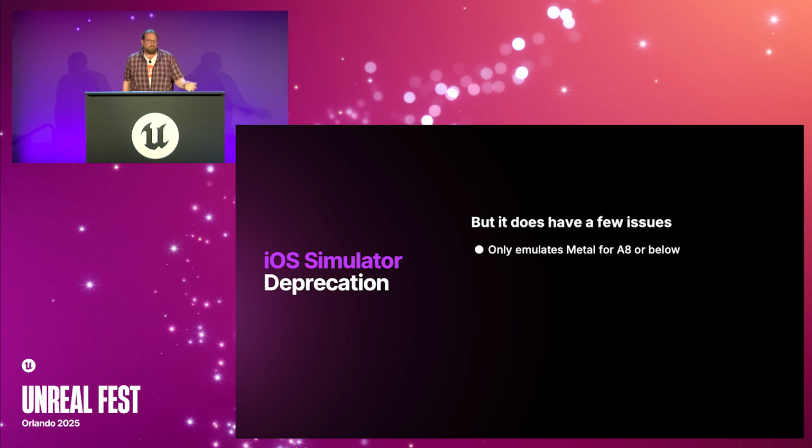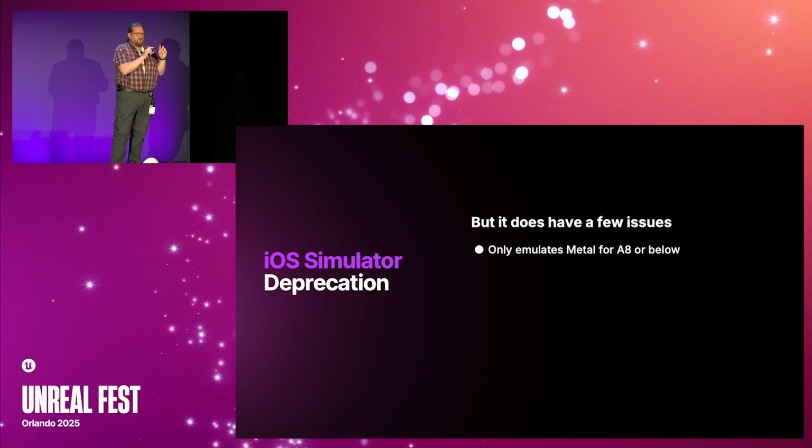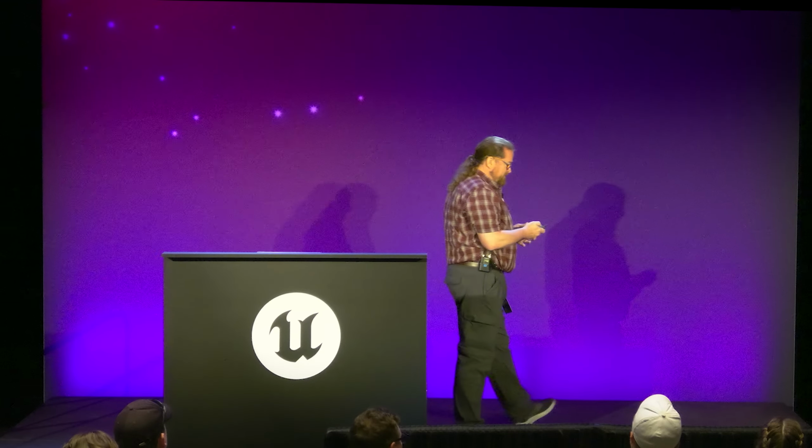If you want to use a simulator, you'll find in the iOS project settings one that just says support A8. And that is purely only there for two reasons. One, the simulator, and the other one is for an old tvOS device we still have to support. If it wasn't for that, there would be no button. So if you do want to use the simulator, you do have to enable it, and you lose all the features you would have on more advanced Metal GPUs.